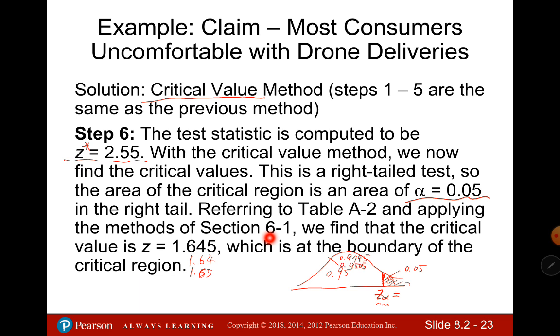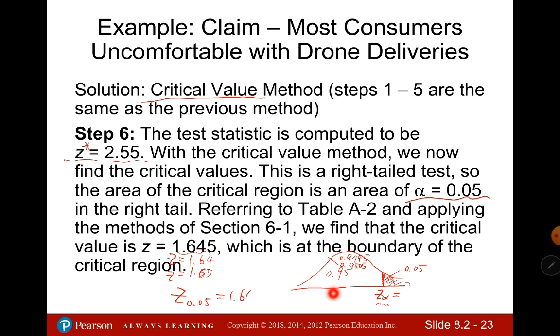The corresponding Z will be 1.64 and 1.65, or pick the middle of these two, we get 1.645. This is the special critical value, Z sub 0.05.